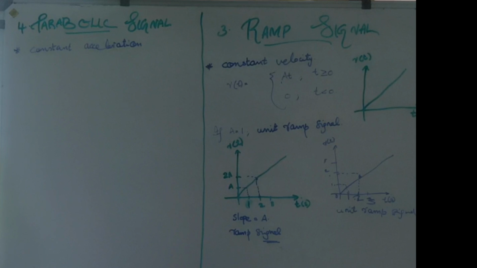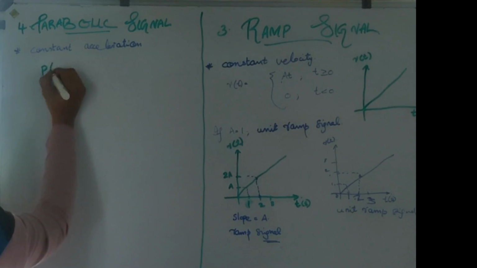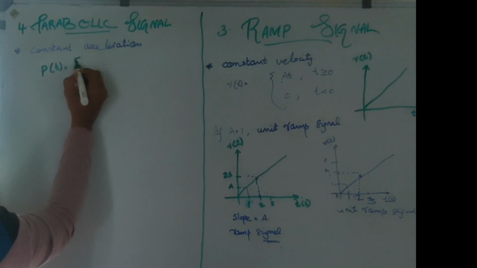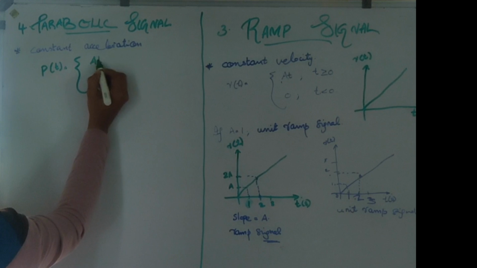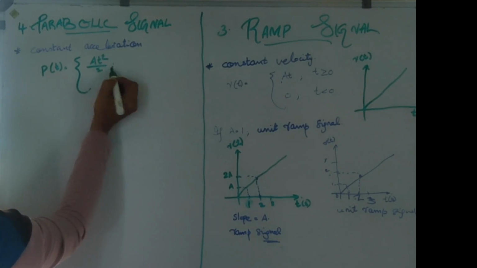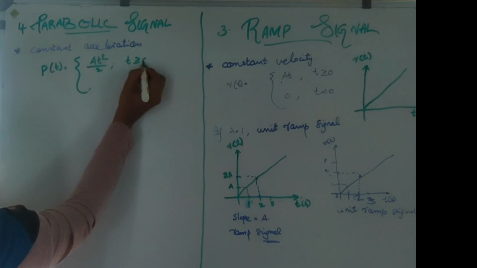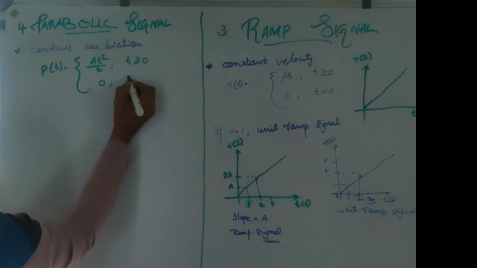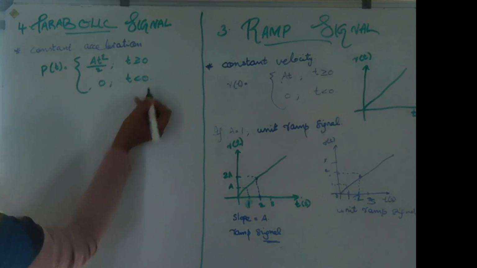So p of t will be the parabolic signal. p of t is equal to a t square by 2 for all t greater than 0, and 0 when t is less than 0.